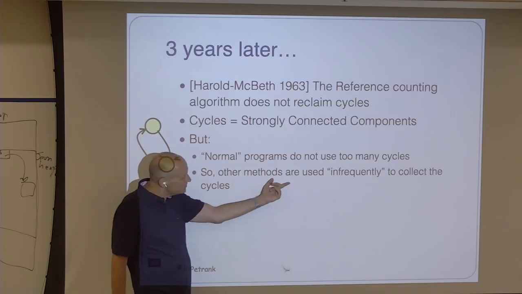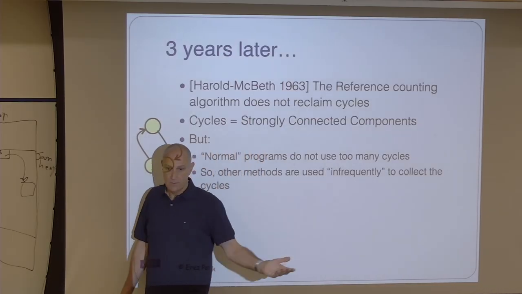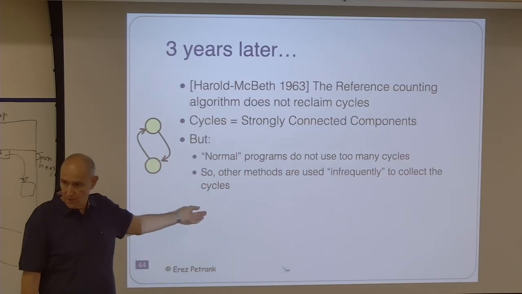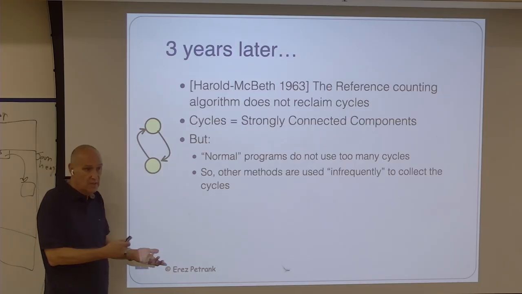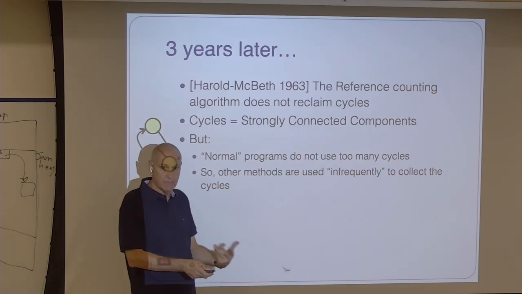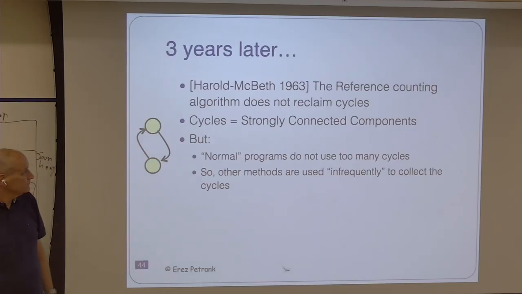And then they could use other methods to, once in a while, collect cycles. Okay, and we'll talk soon about other methods that are not sensitive to cycles. They don't care if there are cycles or not. They will reclaim everything that's not reachable. So, okay, this is reference counting.